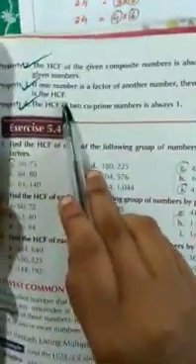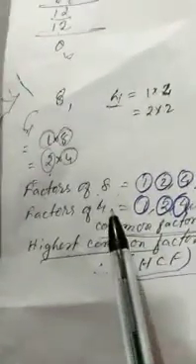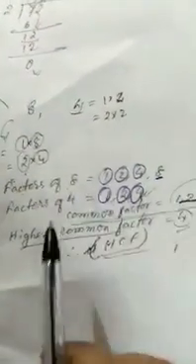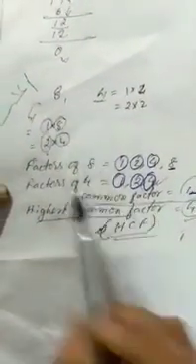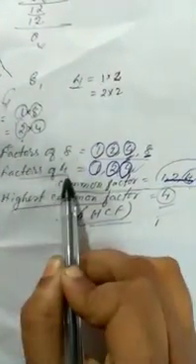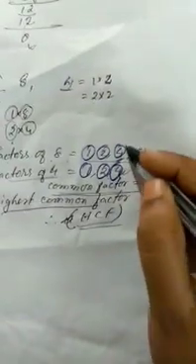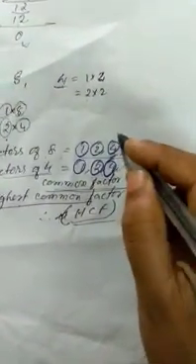Now, if one number is a factor of another number, then the smaller number is the HCF. You can see here the numbers 8 and 4. Factors of 8: 4 is coming here, and we also have to find the factors of 4. So 4 is a factor of the other number. That means the smaller number is which one?